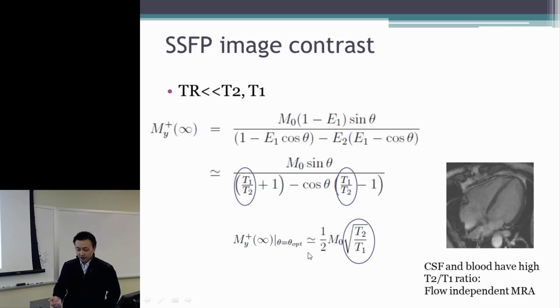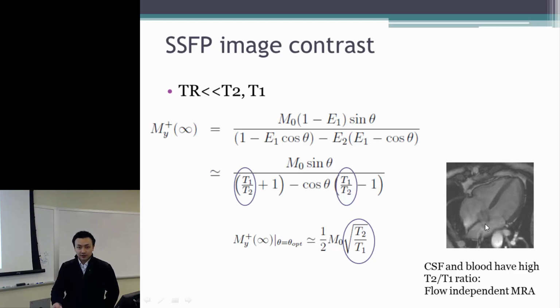In the human body, the CSF and blood have the highest T2 over T1 ratio, which is about 1 over 2, something like that. That means the signal of the blood in SSFP would show the highest signal. Usually this feature is used to perform MR angiography so that we can see the high signal in the blood.